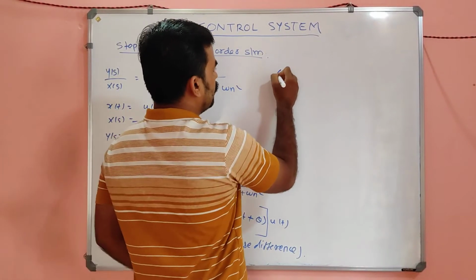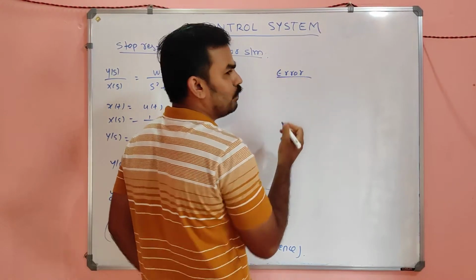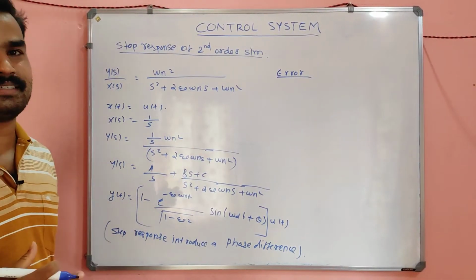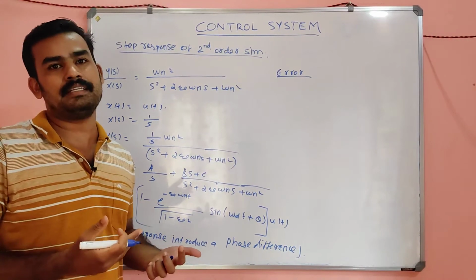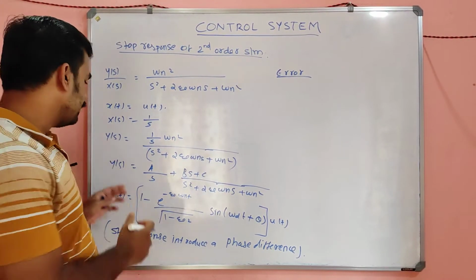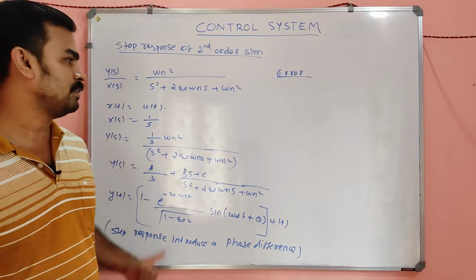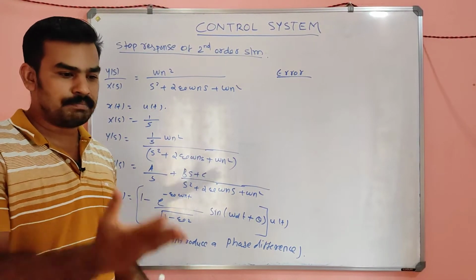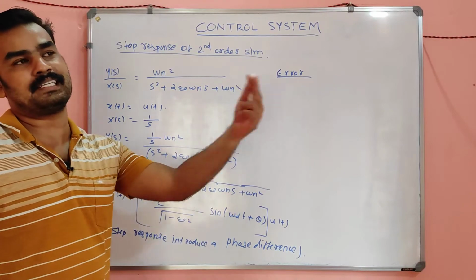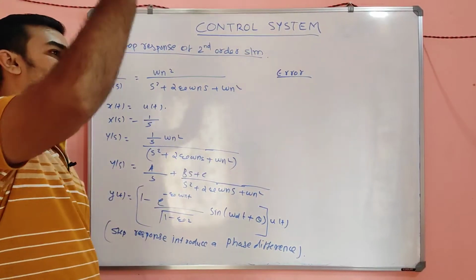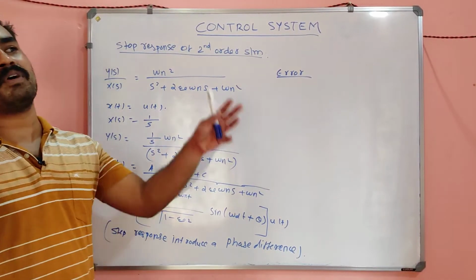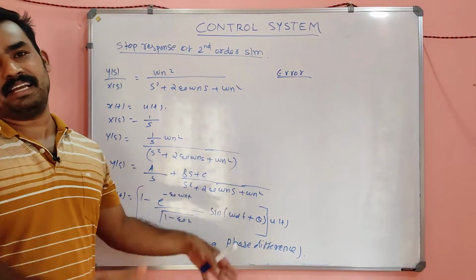So what is the error now? Why didn't I take the error for the impulse? Because the impulse delta of t, you can't compare that with the output equation, right? But step input, ramp input, parabolic input, etc. will exist for a very long duration of time. So error will be more when that signal is applied.